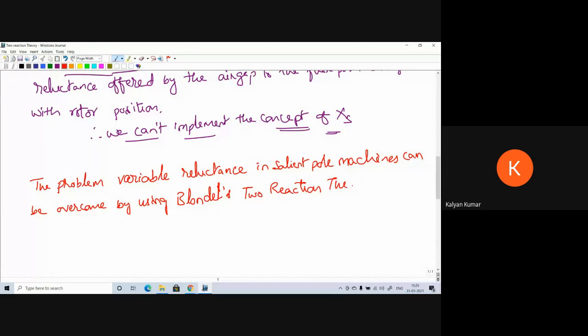So by using the concept of two-reaction theory, we can resolve the problem of multiple or variable reluctance. Blondel is the scientist's name who proposed this two-reaction theory. Let us see what is Blondel's two-reaction theory.